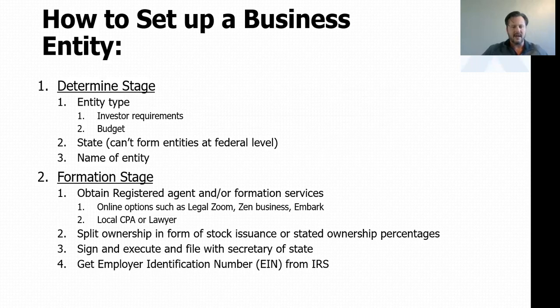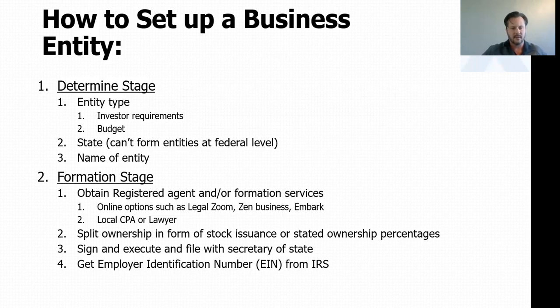Once you do that, you actually go into the formation stage. The first thing you have to do is get a registered agent and/or formation services. Usually they're performed in conjunction with each other. Because of the rise in popularity, there's a lot of online options you can choose, such as, I'm sure you've all heard of LegalZoom.